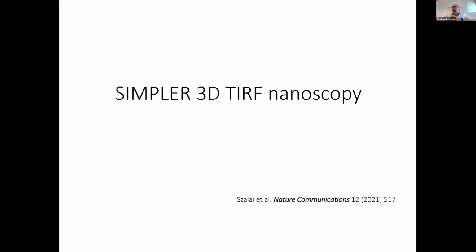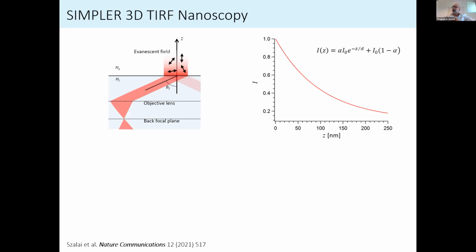Next idea to reach sub 10 nanometer resolution is called SIMPLER. And again here, we will inject information with the illumination, but we will add a new component here. This method works under TIRF conditions.